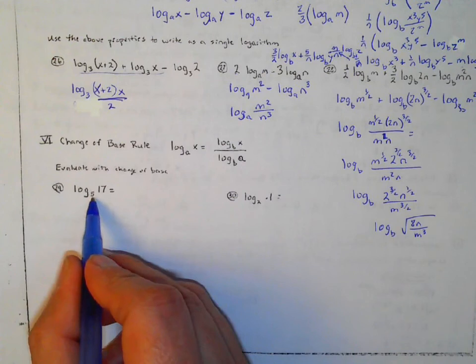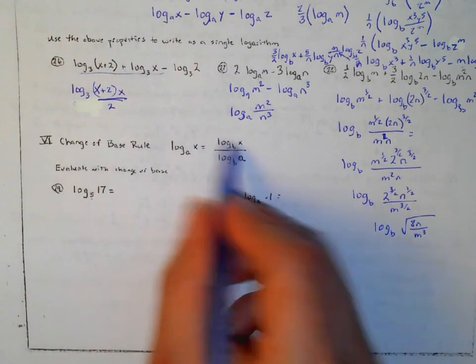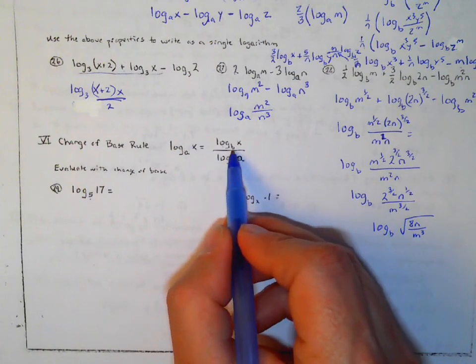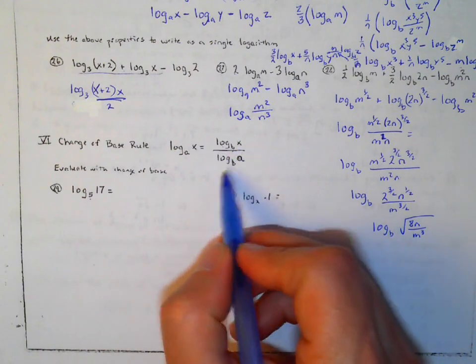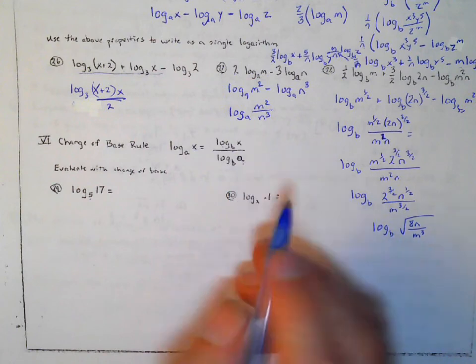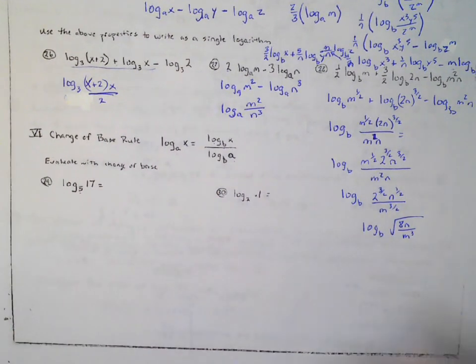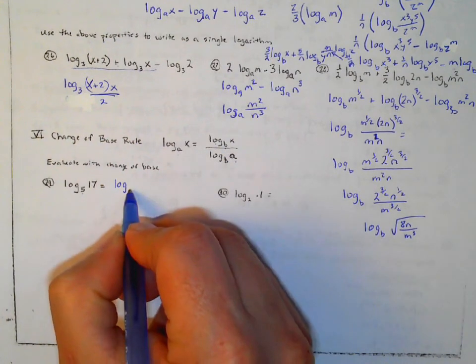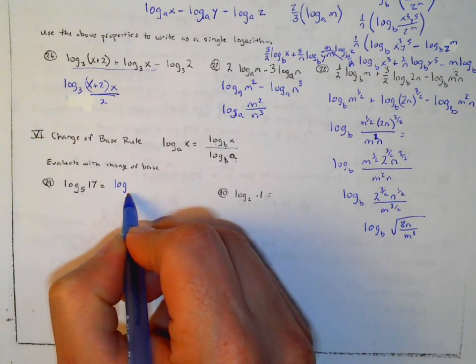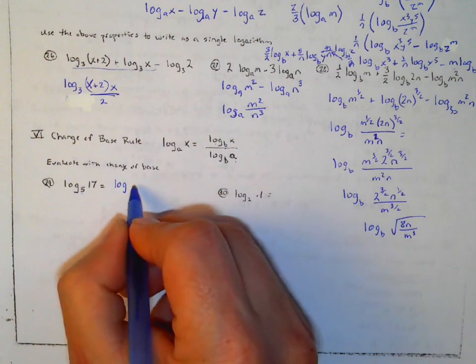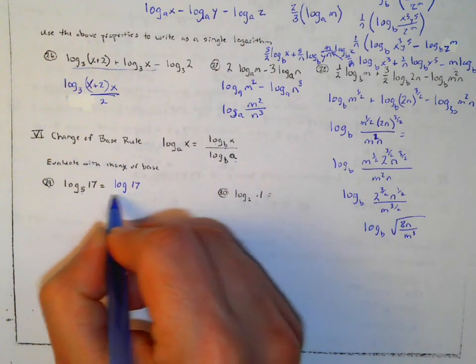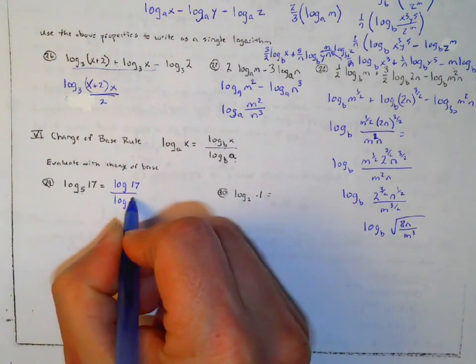So if we want to change this base, we can use this formula. Log base a of x is equal to log base whatever you want of x divided by log same base of a. So we could say this is log base 10 if we want to, or you could make it any base you want really. Log base 10 of 17 over the log of 5.